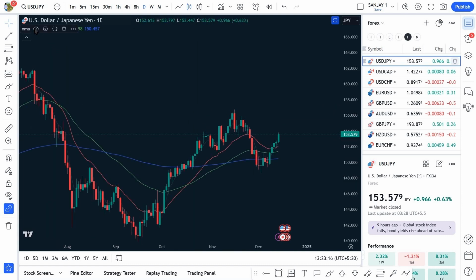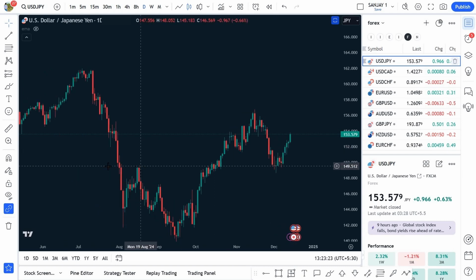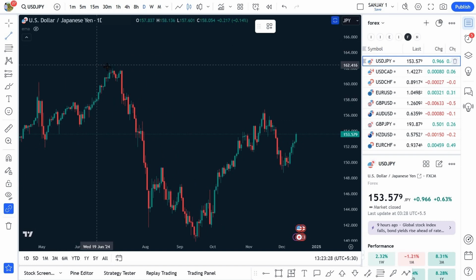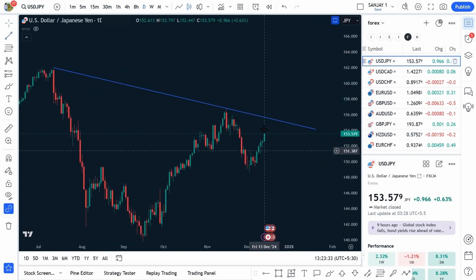It is in a small uptrend on the day chart, and it has not been trading at any significant support or resistance level as of now, and the resistance level is a little bit far away from the current market price.